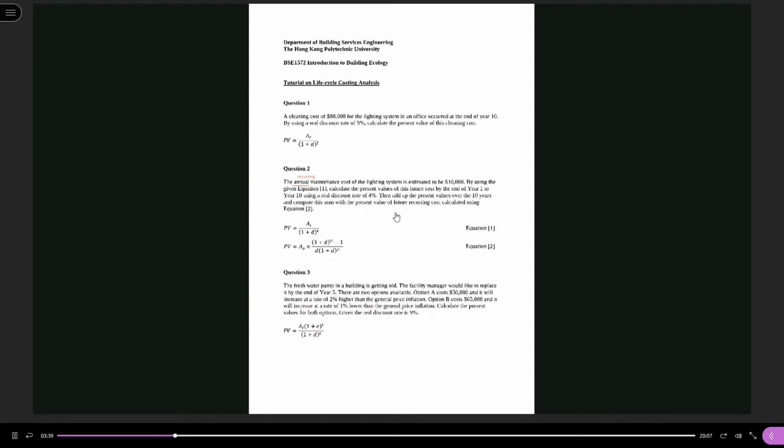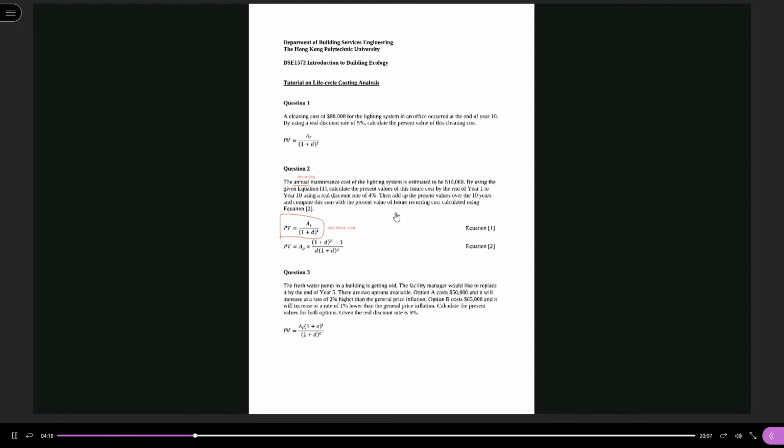Okay, so this equation is for one-time cost, sorry for the typo. And we may use this equation to calculate 10 times for the present value at the end of year 1, then year 2, year 3, all the way to year 10 for this $10,000.